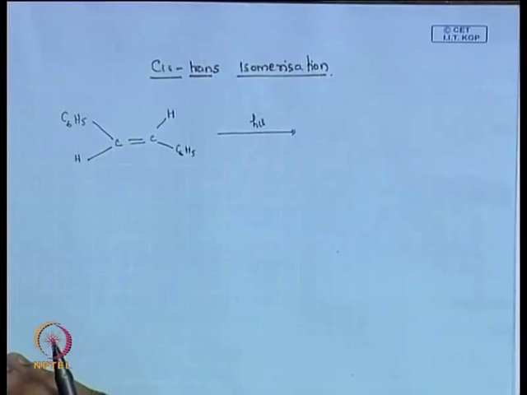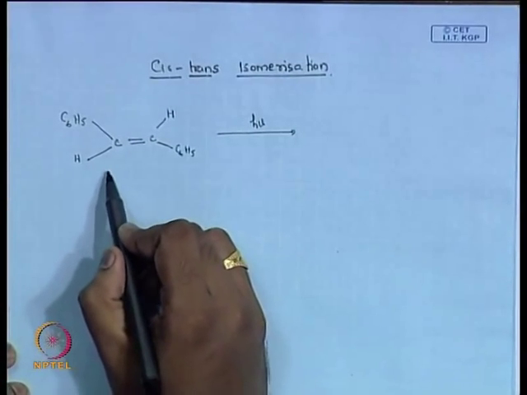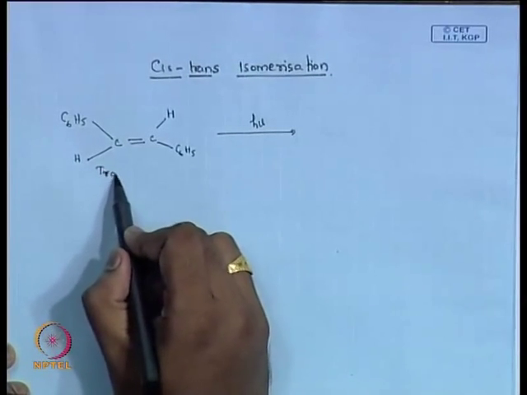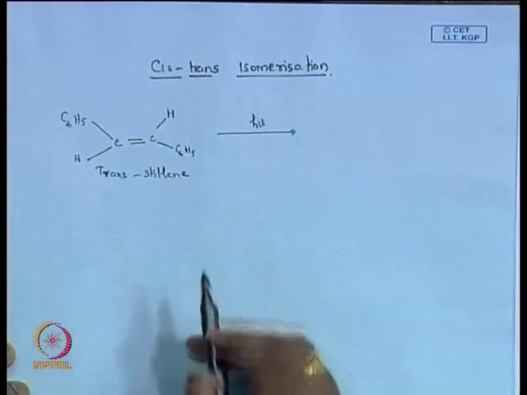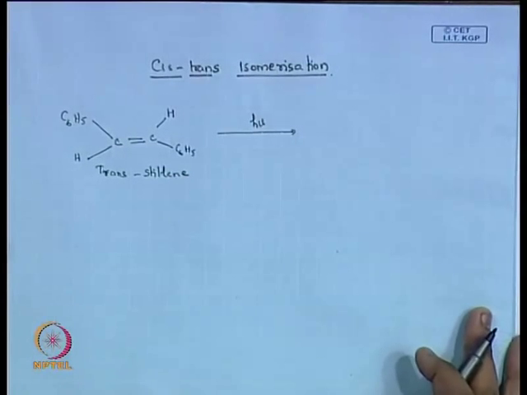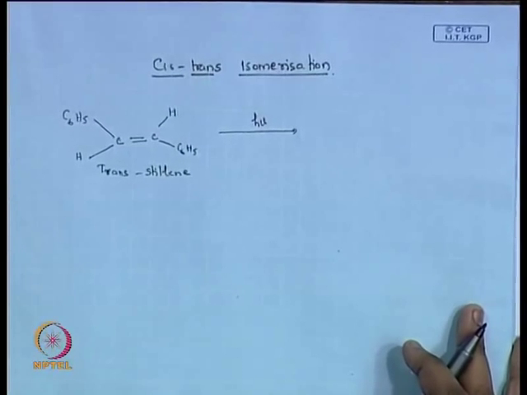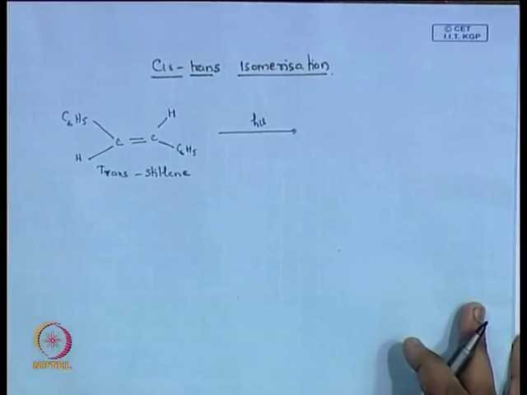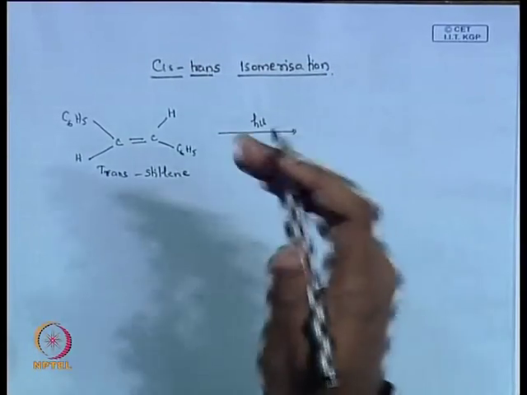So, this is your... what structure is it? What is this compound? Very good. It is a trans stilbene. So, if I photolyze this trans stilbene directly, then see, you know trans is much more stable, that you know from your earlier studies.